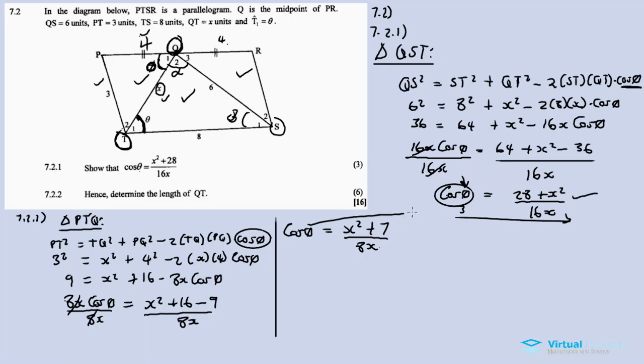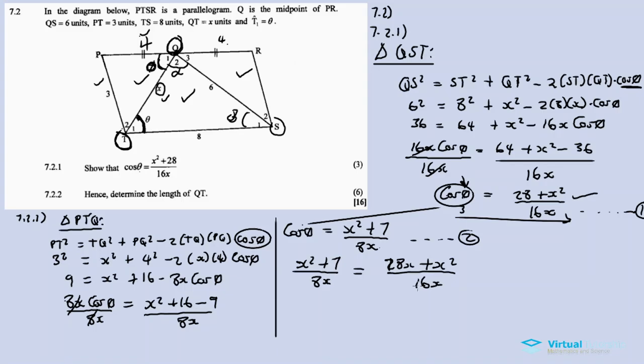Now, imagine this is a simultaneous equation, equation 1 and equation 2. Then I equate the two equations: x squared plus 7 divided by 8x equals 28x plus x squared divided by 16x.